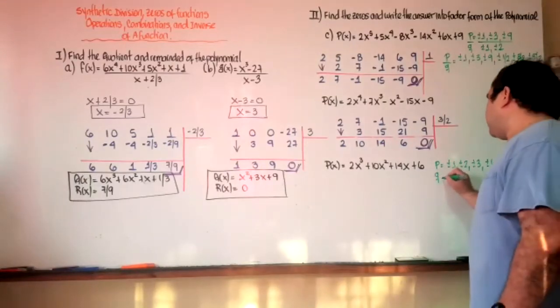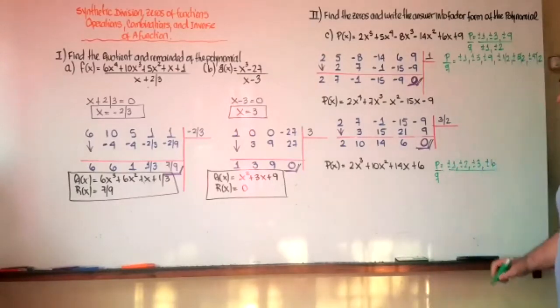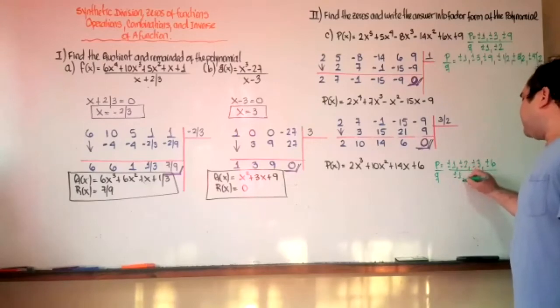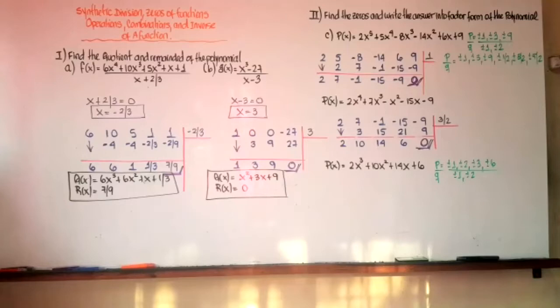Over the q factors, that will be plus or minus 1 and plus or minus 2. All right. In conclusion, these 4 numbers divided by 1 will be the same 4 numbers: 1, 2, 3, and 6. How about divided by 2? 1 divided by 2, okay, plus or minus 1/2.